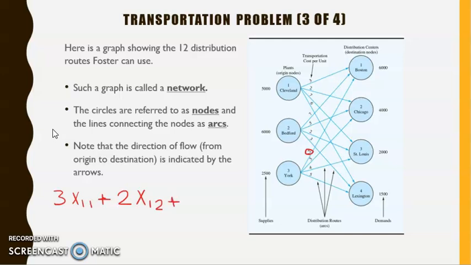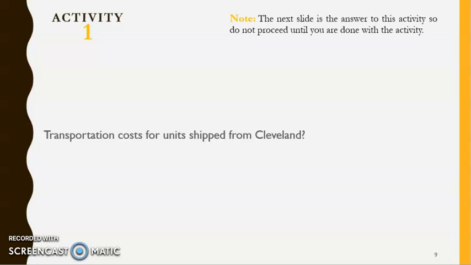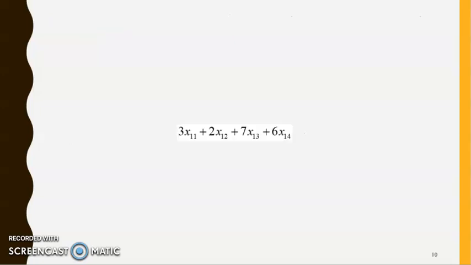Plus, with the same logic, we come up with 7x13 plus 6x14. In that way, you cover all the outgoing routes from Cleveland, and you multiply each by its cost of transportation. So 3x11 plus 2x12 plus 7x13 plus 6x14. This is the focus of this activity, and it is the answer.